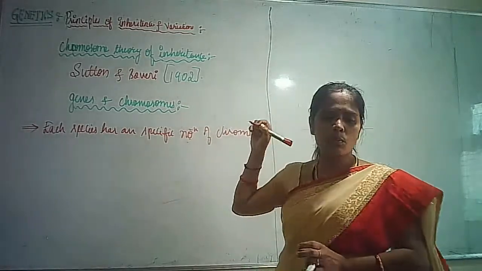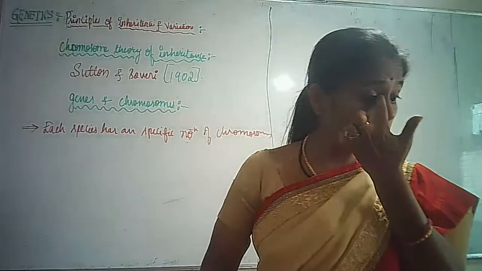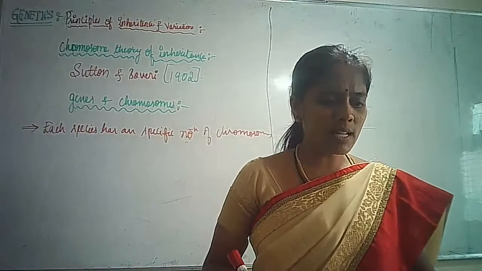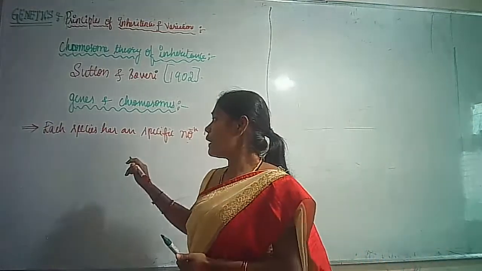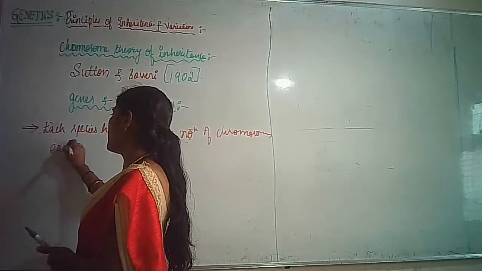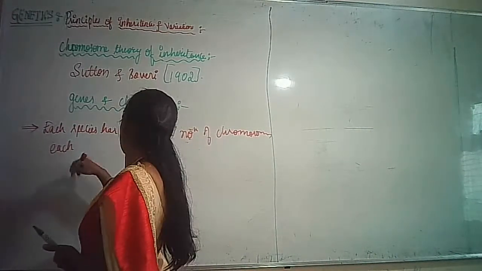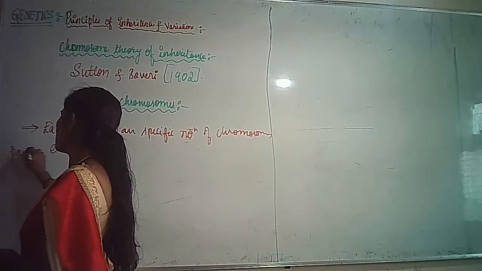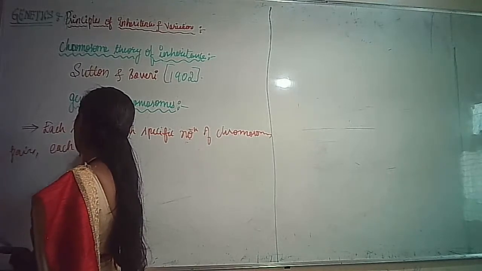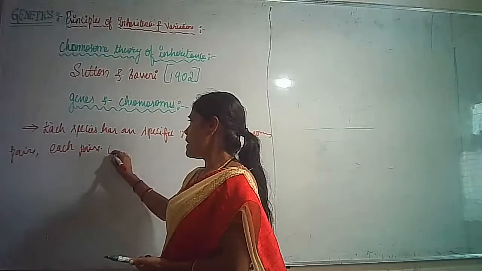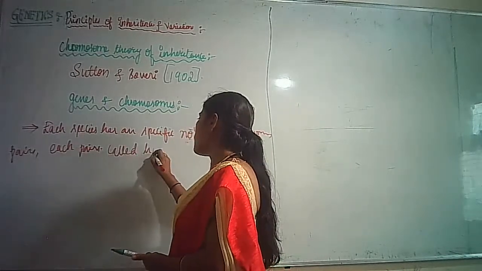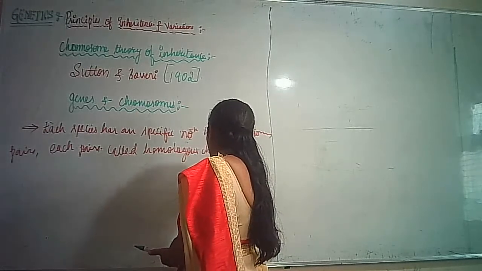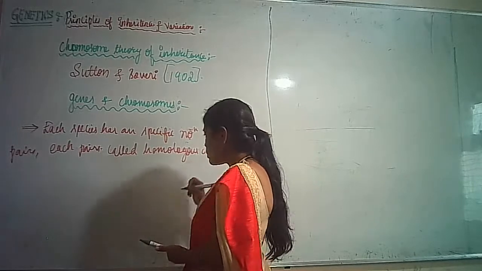Every species has its own chromosome number, right? The chromosomes are present in the diploid cells, in pairs. Each pair is called homologous chromosomes.